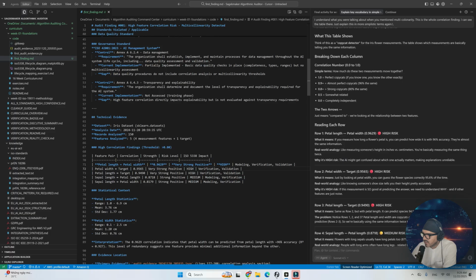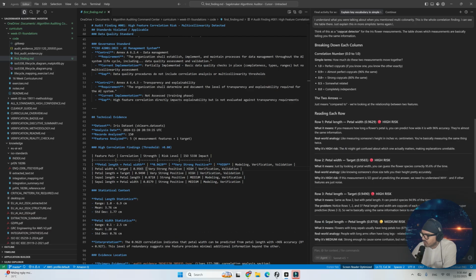High risk. If you measure how long a flower's petal is, you can predict how wide it is with 96% accuracy. They're almost the same information. Real world analogy: like measuring someone's height in inches versus centimeters, you're basically measuring the same thing twice. Why it's high risk: the AI might get confused about which one actually matters, making explanations unreliable.